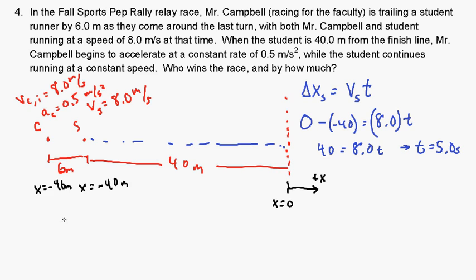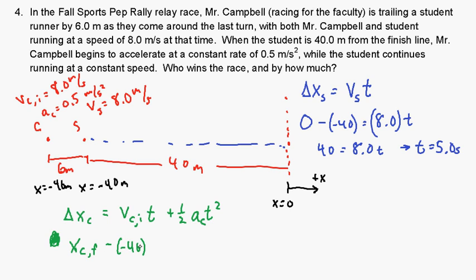So then the question is, where is Mr. Campbell? So let's go with delta x for Campbell is going to be his initial velocity times the time that passes, plus 1/2 times his acceleration times the time squared. Sorry, that's the acceleration of Campbell. We don't know Campbell's final position, so x for Campbell at the end, x_C,f, minus his initial position, which is negative 46 meters.